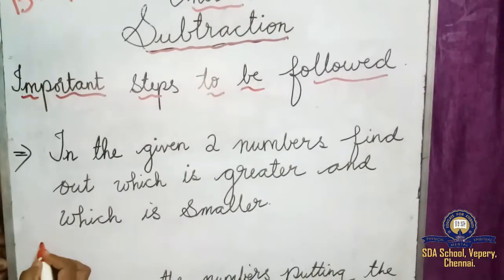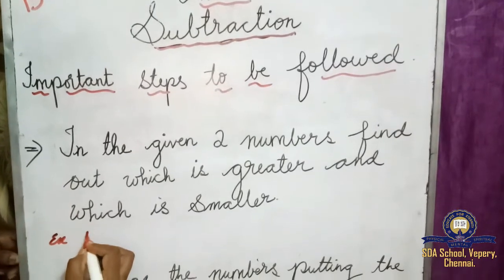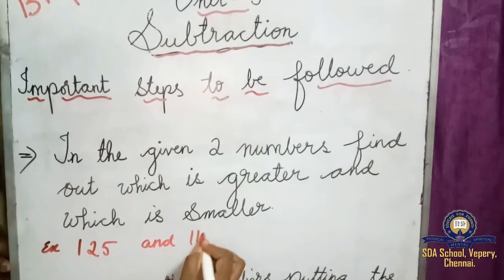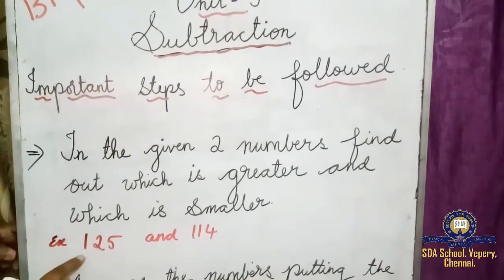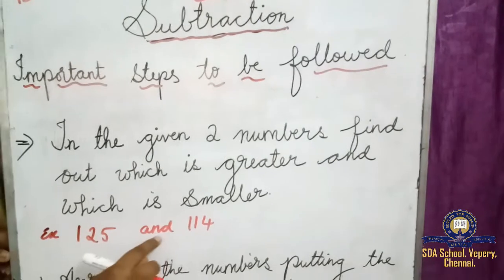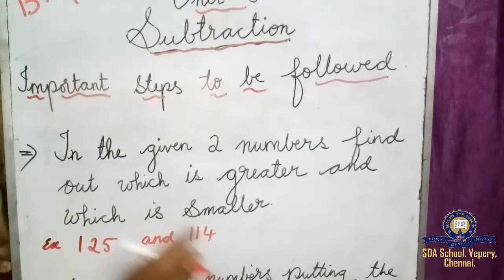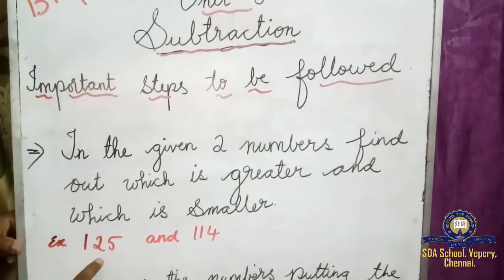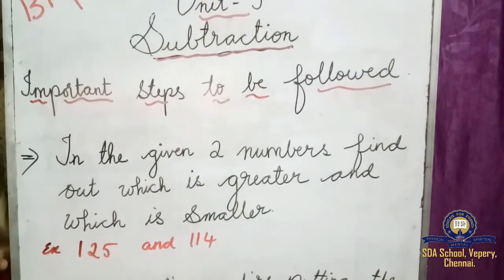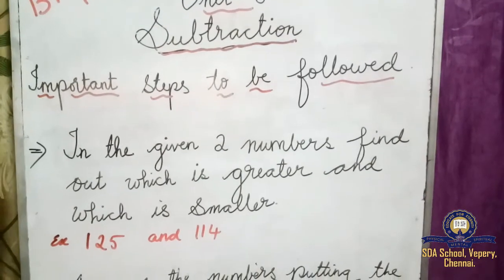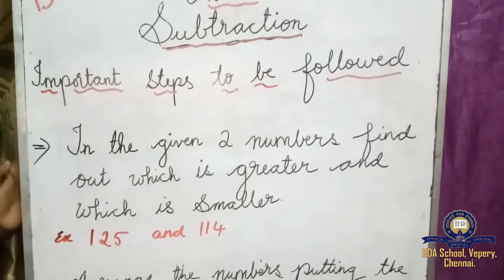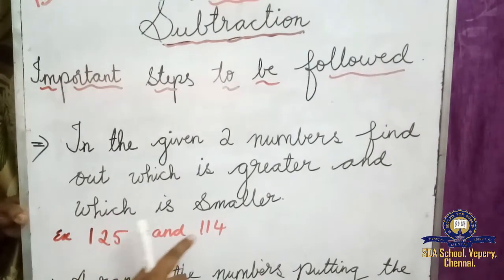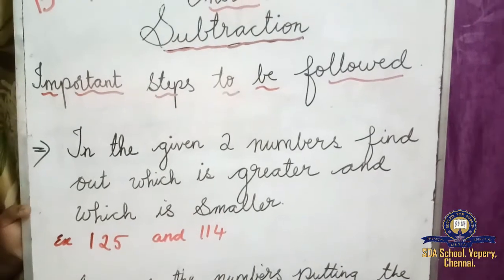For example, 125 and 114. In this first step, what you have to do is find out which is greater and which is smaller. Come on, tell me which is greater and which is smaller. Yes, 125 is the greater number and 114 is the smaller number.